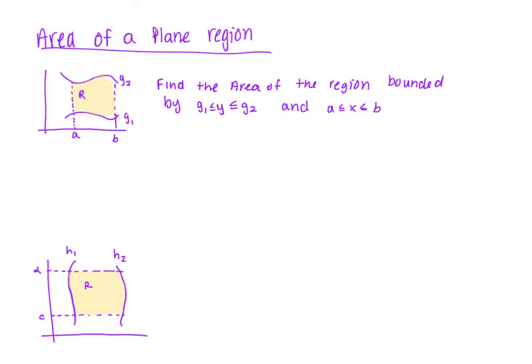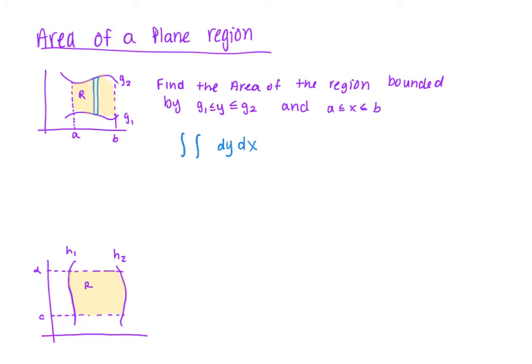So if I'm looking at this first one, I have to go from function to function, so my Riemann rectangle is going to be like this. So this is a vertical type area, so that means my inside integral is going to be y, and my outside integral is going to be x.